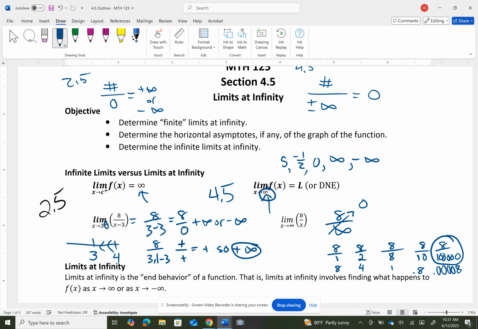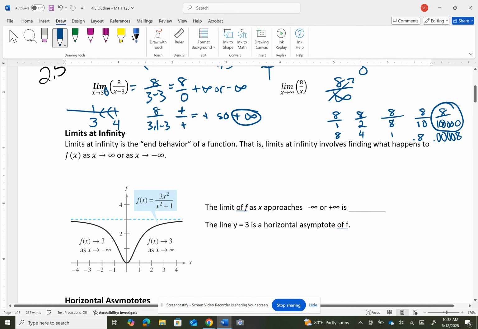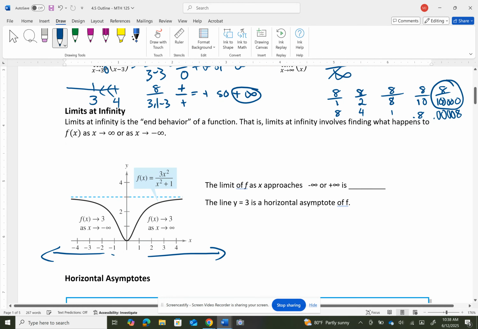So limits at infinity, it's really what's happening at the ends. As you go towards positive infinity or as you go towards negative infinity, what is happening when you're far away from 0? That's limits at infinity. With this particular example, the function we have is 3x squared over x squared plus 1.